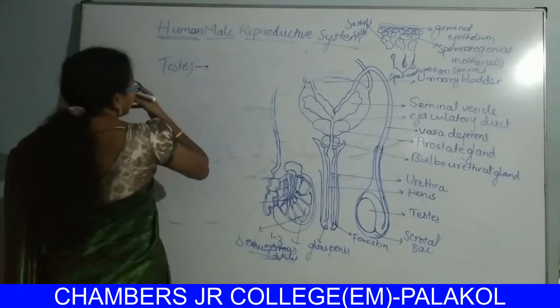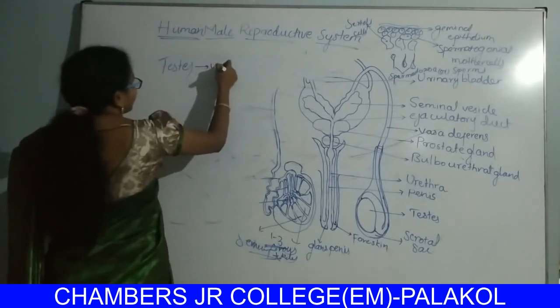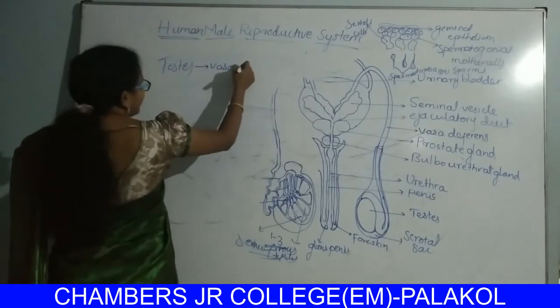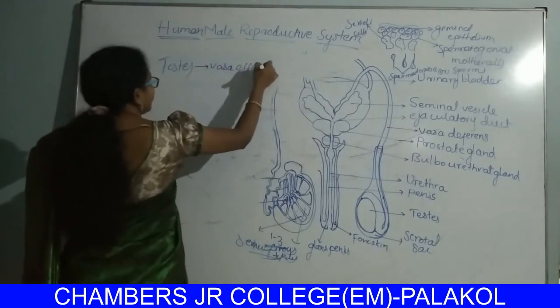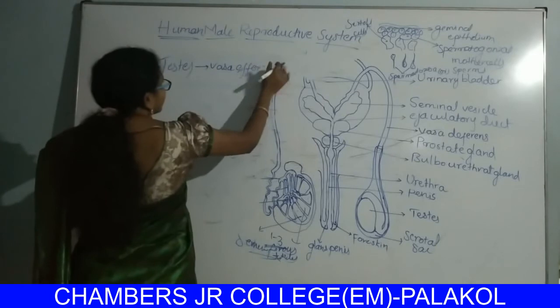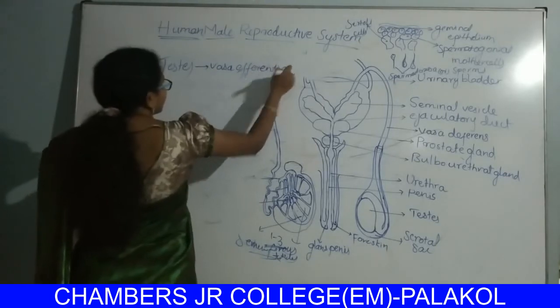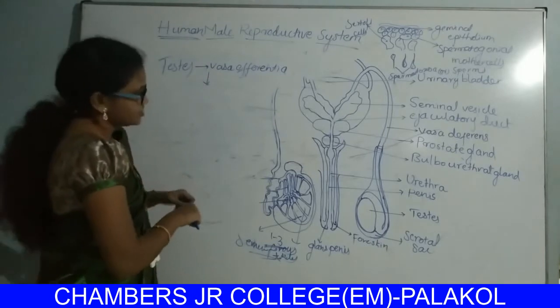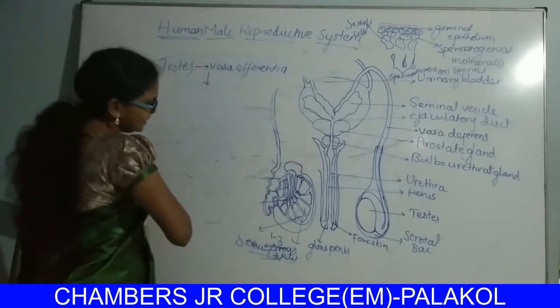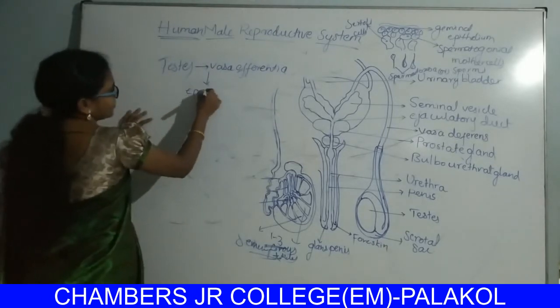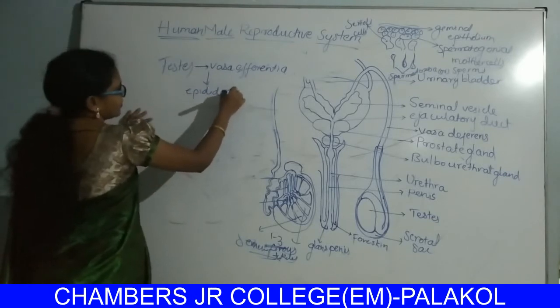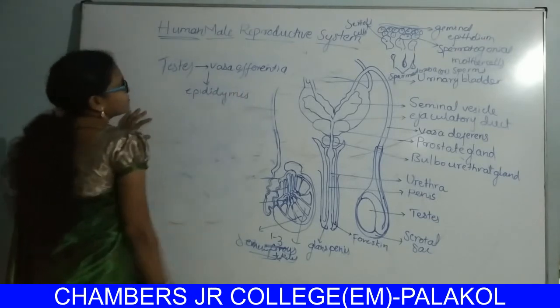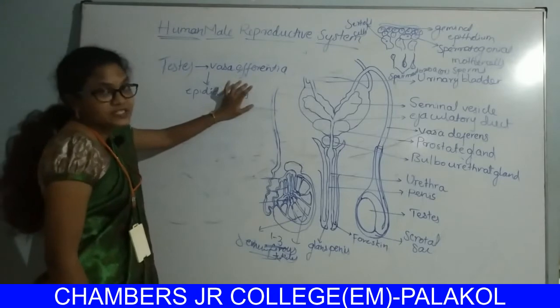Next, vasa efferentia, then epididymis. This is the passage for sperm cells.